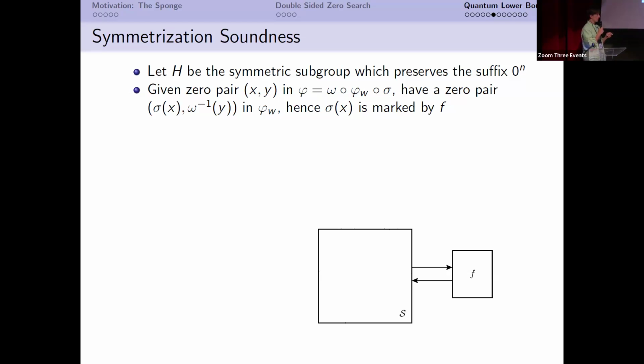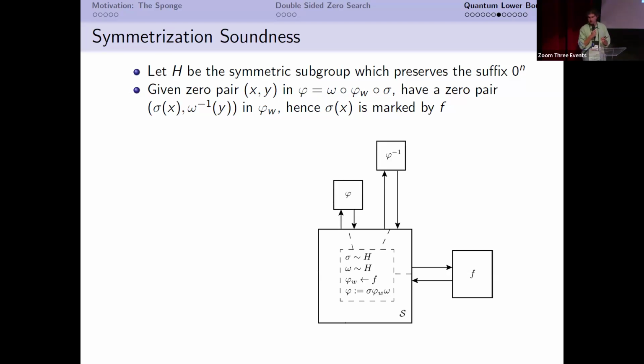Pictorially here, S is an algorithm that is trying to solve unstructured search, defined by this function F. It does that by the procedure I just told you: we sample symmetrizing permutations and then sandwich a worst case permutation we get out of F. Note that for this symmetrized permutation, we can implement forward queries and inverse queries, because S has the full description of sigma and omega, so it can invert. And again, the worst case instance is its own inverse. So everything here is easy to invert.